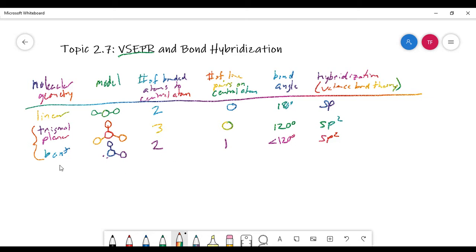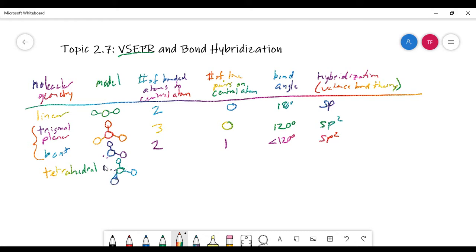So we're going to leave the trigonal planar types of molecules, and we're going to head to the tetrahedral types of molecules. So our first one is called tetrahedral. Tetra meaning 4. So for the model, we have a central atom, and then there are 4 bonded atoms. Now remember, 3-dimensional structure here, so these are not going to be flat.